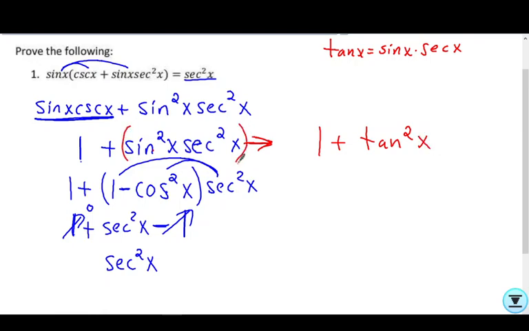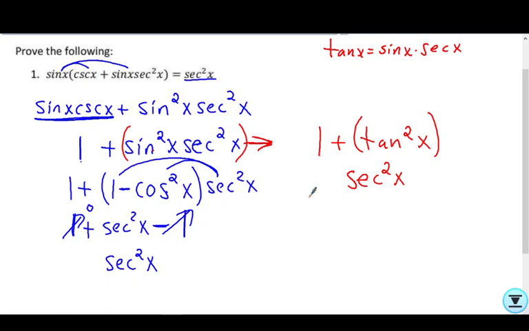So this becomes this. Now I have 1 plus tangent squared, and in our steps it says when you see 1 plus a trig function or 1 minus a trig function like that, you look at the Pythagorean identities. The Pythagorean identity for tangent and secant tells me 1 plus tangent squared is secant squared x.